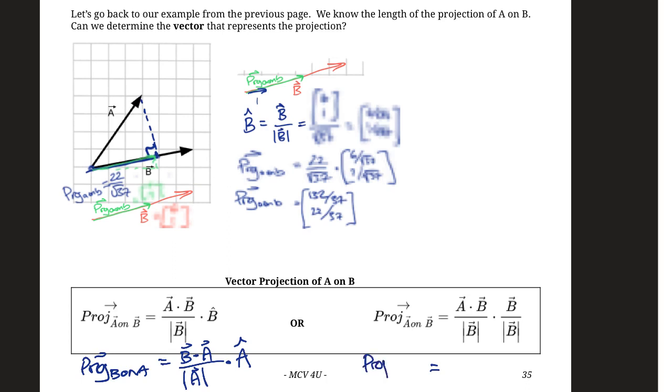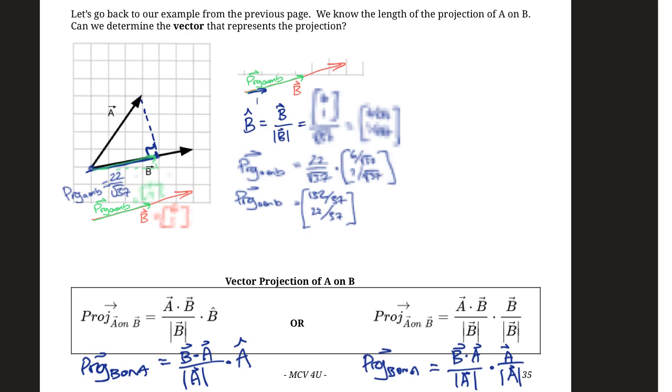If we were trying to find the projection of B on A, it's not the same thing. It's a different answer. Remember, we talked about that in the previous video, but it's basically going to be B dot A over the magnitude of A times, oops, that's wrong. It should be the unit vector of A, which is A over the magnitude of A. Okay? So there you go.